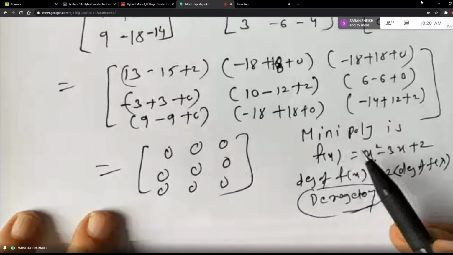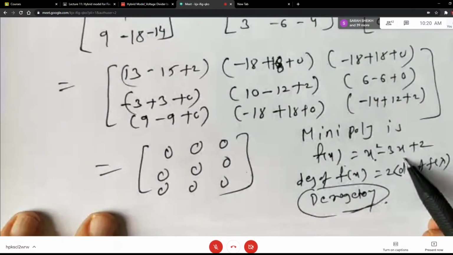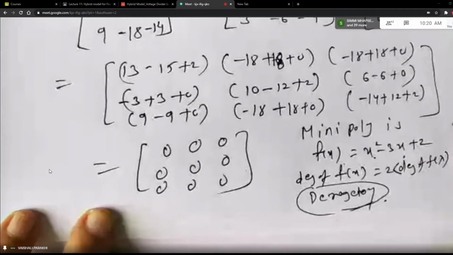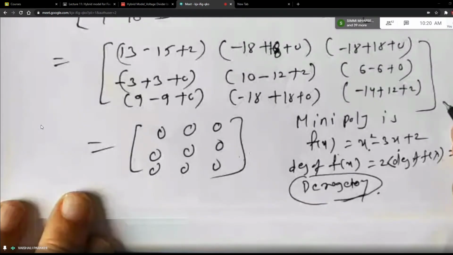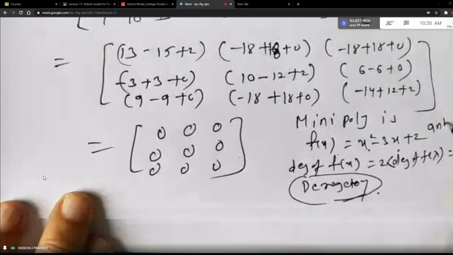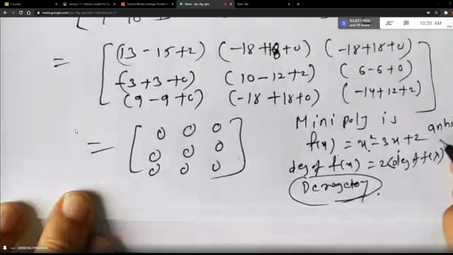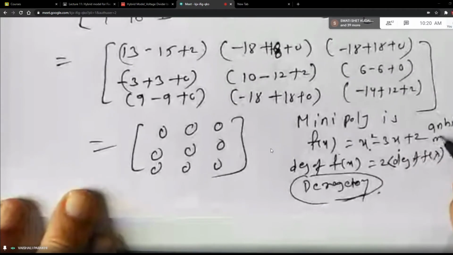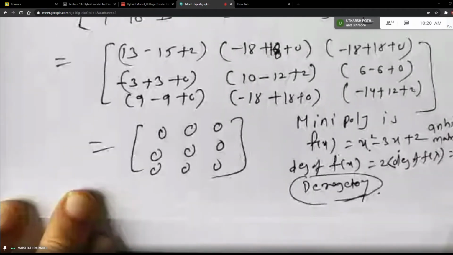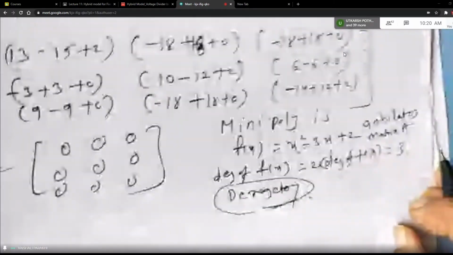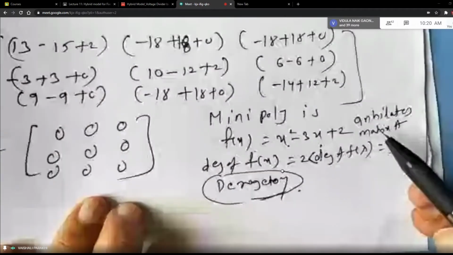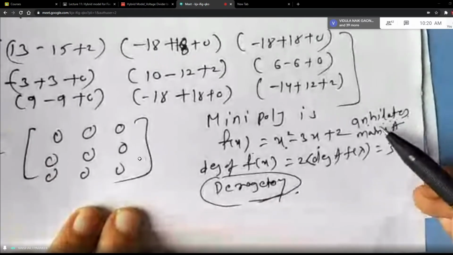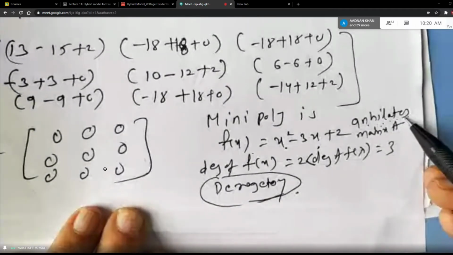Now, this minimal polynomial annihilates matrix A. I want to tell you about the word annihilates because it is coming in the definition of minimal polynomial. A-N-N-I-H-I-L-A-T-E-S, annihilates.